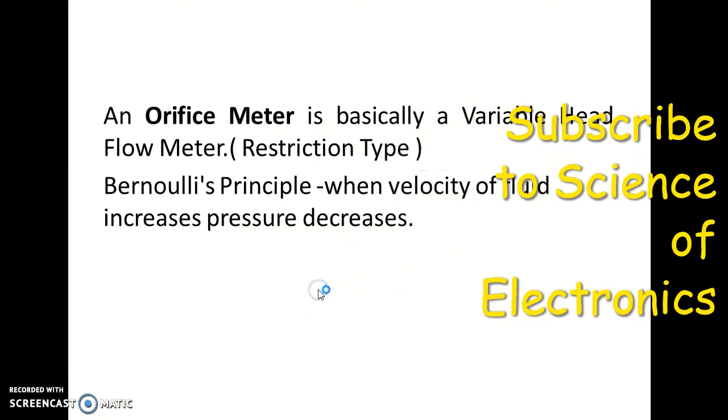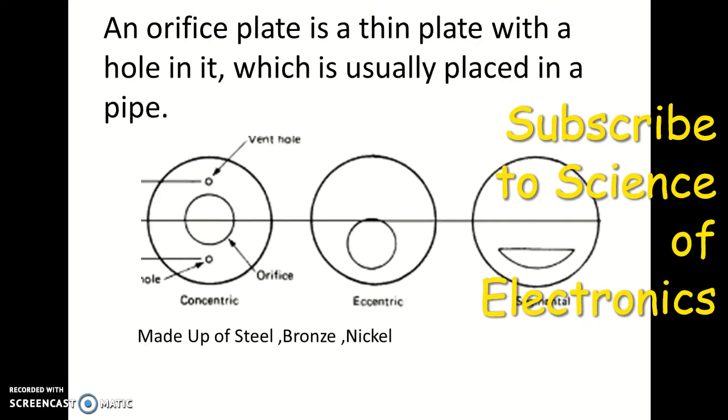The orifice meter is actually made by providing an obstruction to the fluid. To provide this obstruction we use an orifice plate. Now the orifice plate is a thin metal plate made of a non-corrosive material, like we already saw in the rotameter.